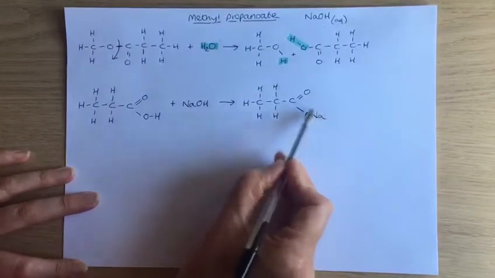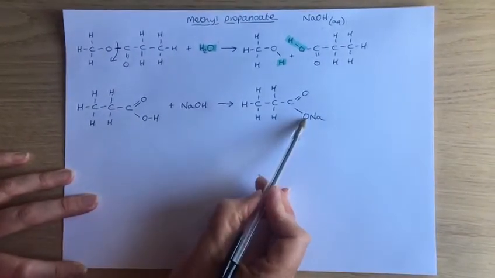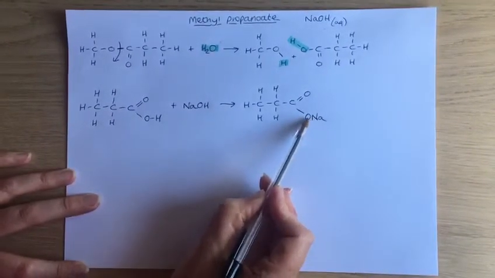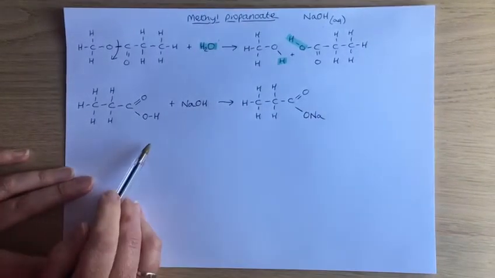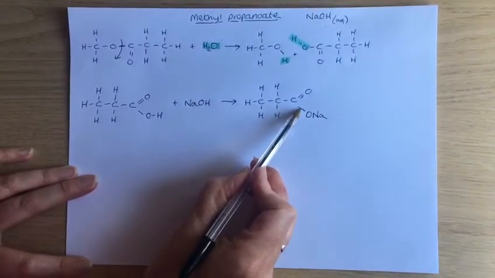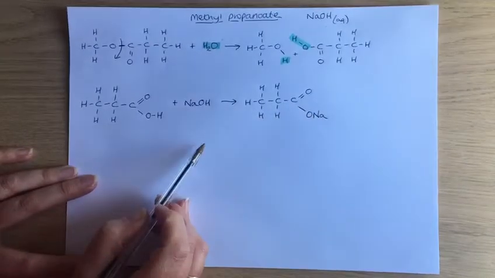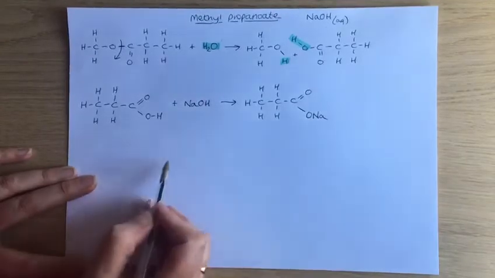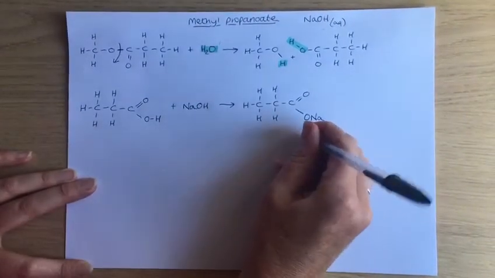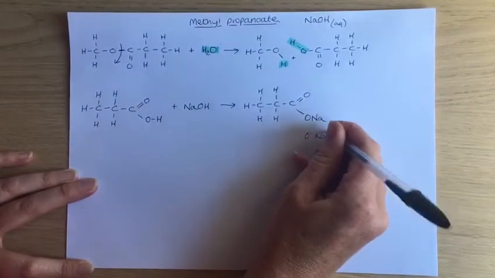So really important how you write this. The bond between the oxygen and the sodium is an ionic bond. You've got a metal and a non-metal, so don't go drawing a stick in between them, because it's not a covalent bond. It's okay to write it like that. Sometimes you'll see it written like that.